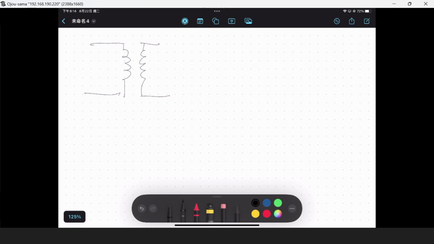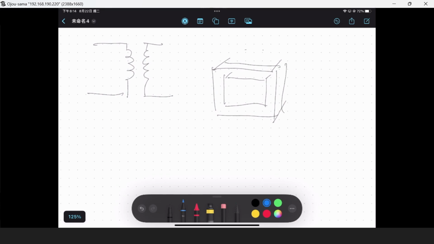If you do it in a 3D world, my drawing is very bad. Okay. This is the primary.